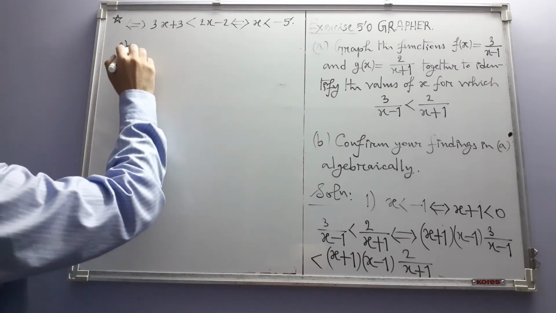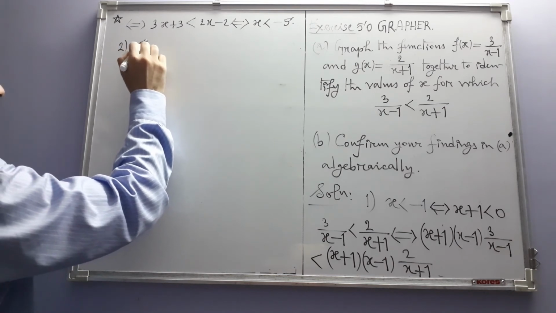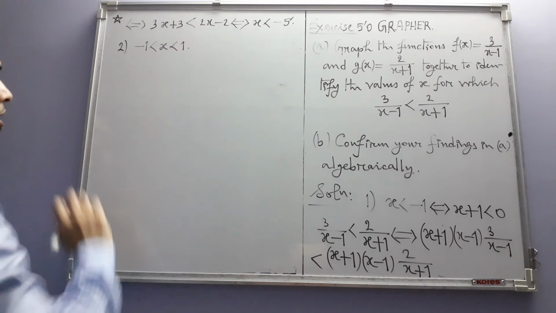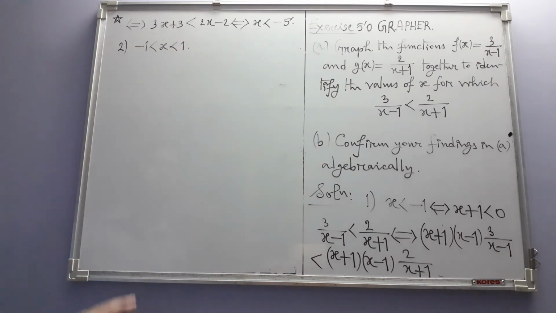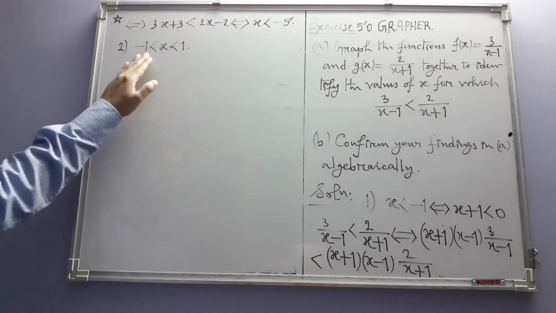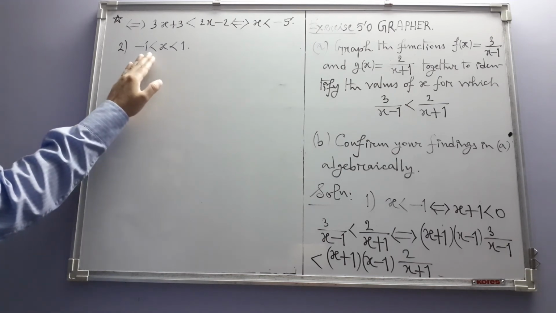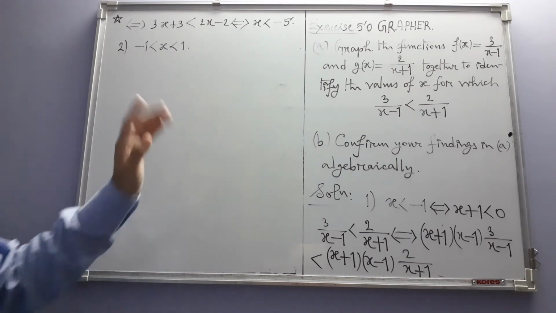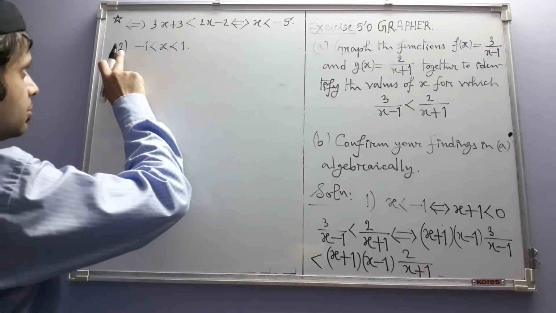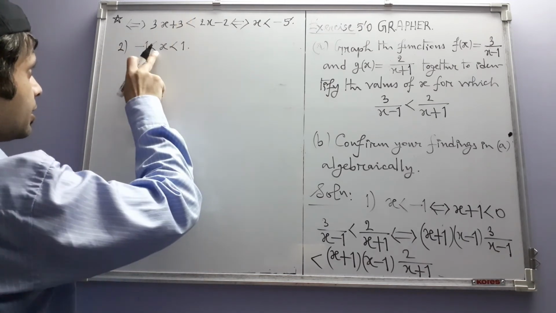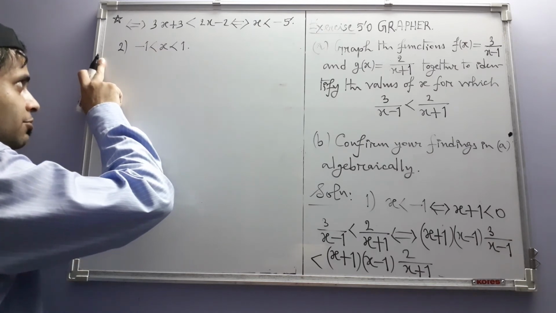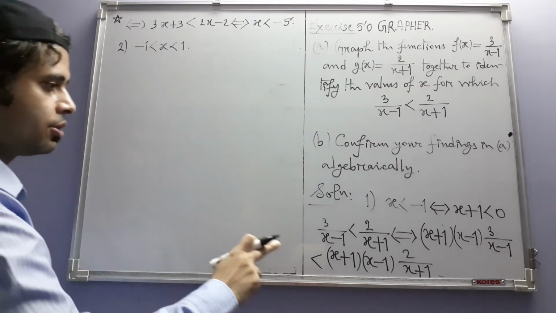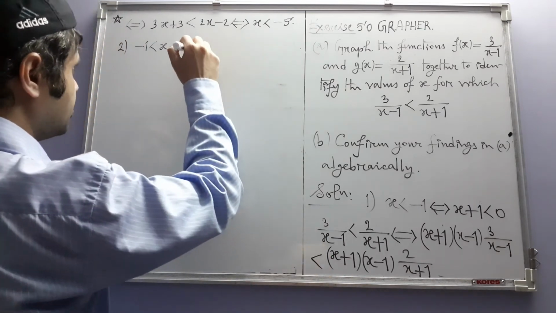The second case is this: x is greater than minus 1 but less than 1. Note that, keep in mind, x can be neither of these values, otherwise we will have 0 denominator. So there x was to the left of minus 1, here it lies to the right of minus 1, but x continues to be less than 1.